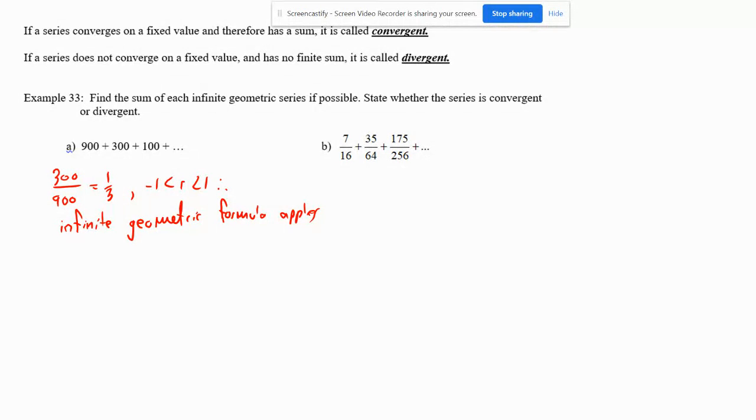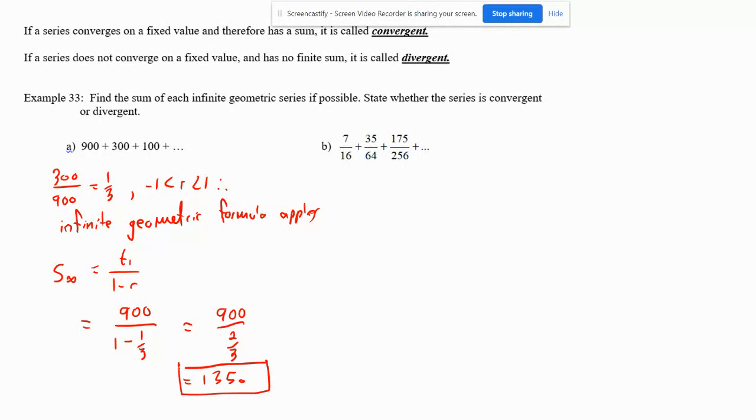Okay, so in other words, guys, if your common ratio is in between -1 and +1, you're going to have a convergent infinite geometric series. Okay, so we're going to go S infinity equals T1 over 1 minus r equals T1, which is 900 over 1 minus 1/3, is 900 over 2/3, is 1,350.